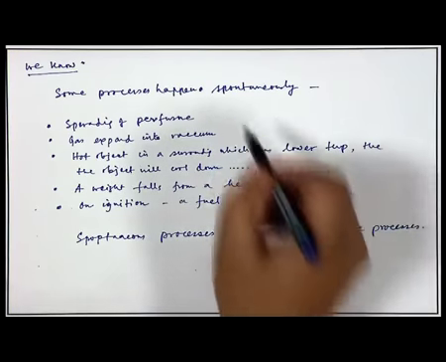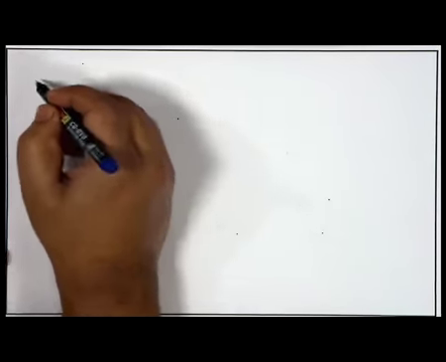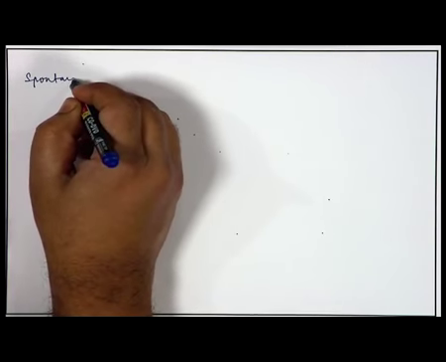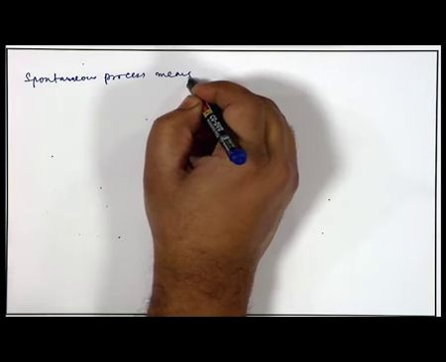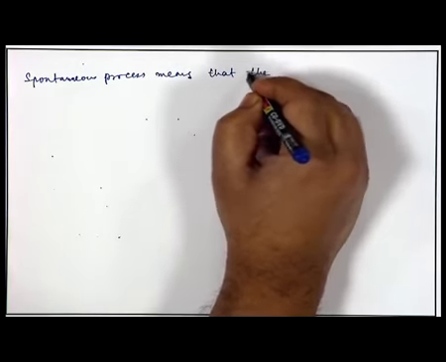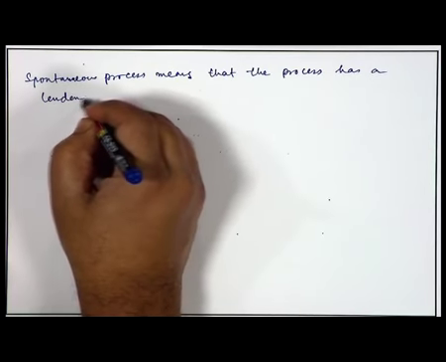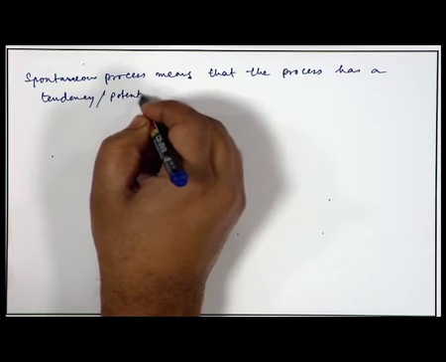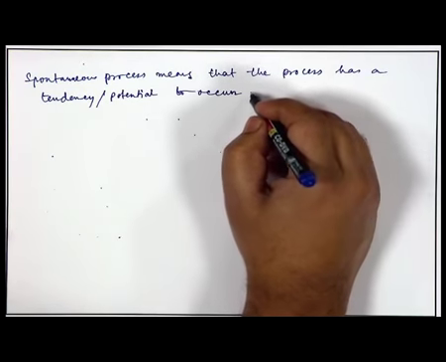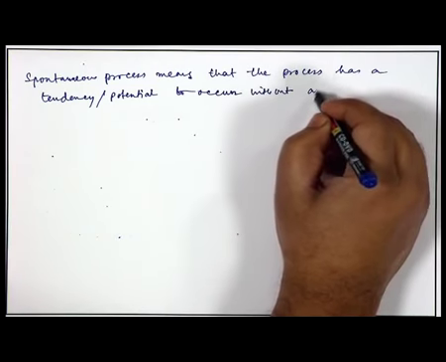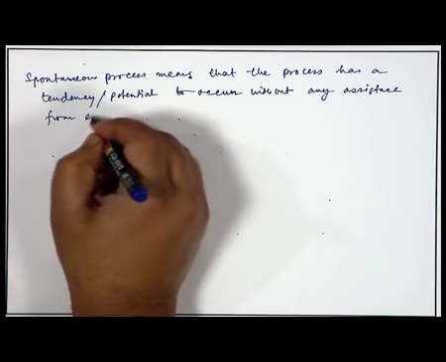So, what is spontaneity then? We are talking about spontaneous. A spontaneous process means that the process has a tendency, or we can call it potential, to occur without any assistance from external agency.